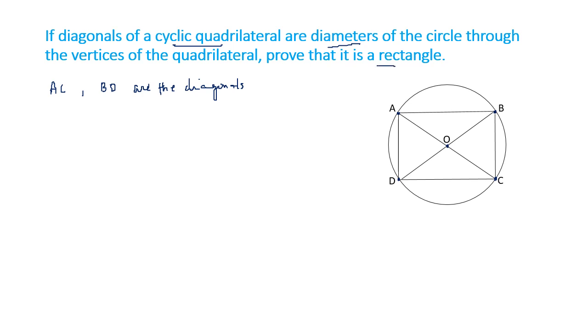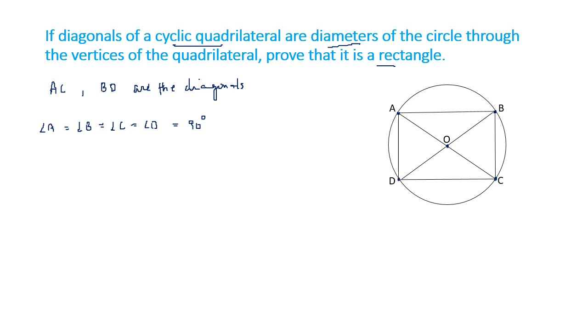Now what is the basic condition to prove it is a rectangle? You have to only prove that angle A, angle B, angle C and angle D, all these angles are 90 degrees, because there are many requirements. To prove a rectangle you can show the opposite sides are equal, but it can be a parallelogram also.